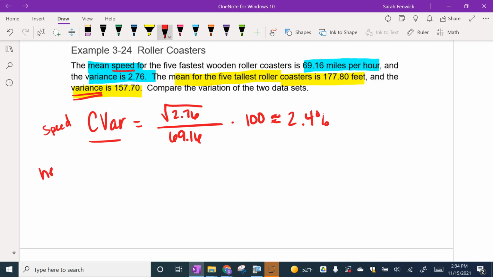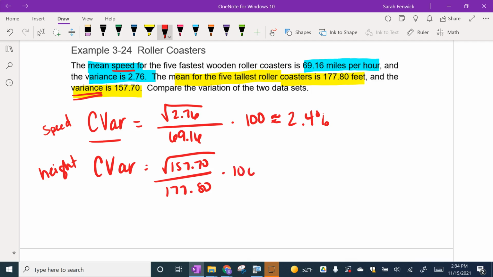And then for the height, C-var is the square root of 157.70 divided by 177.80 times 100, which is approximately 7.1%. So in this case, again, the heights are more variable. The computer or the book for some reason had that written backwards.